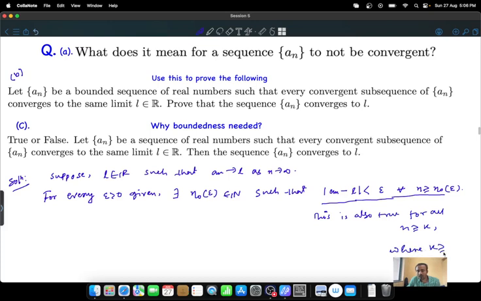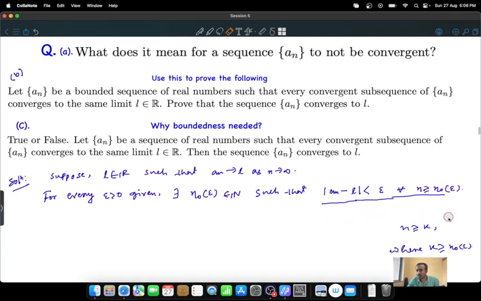So when I write that given a positive number epsilon you can find a natural number n naught of epsilon, you not only get one, you actually get infinitely many, namely all the natural numbers bigger than that. This is the definition of the convergence of a sequence.